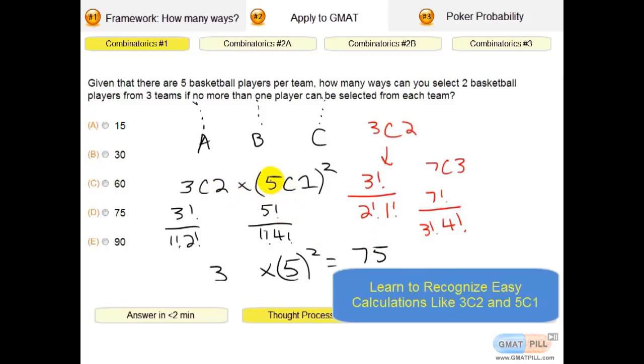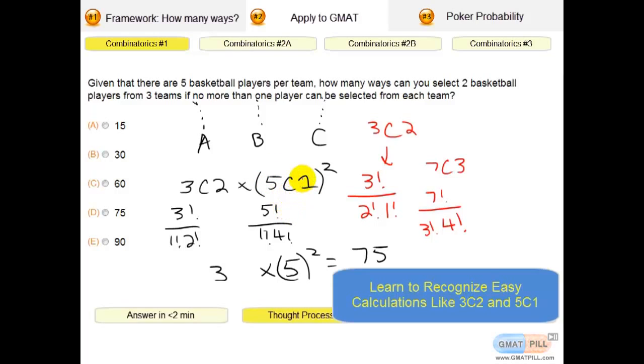So the simple thing about these things is 5 choose 1. Anytime you have a number where the difference between these is just 1, or is either the maximum or the minimum, so 3 choose 2 or 3 choose 1, they both equal just 3. When you have a bigger number like this, and this number here is either a 1 or a 4, then you know the answer is just 5.